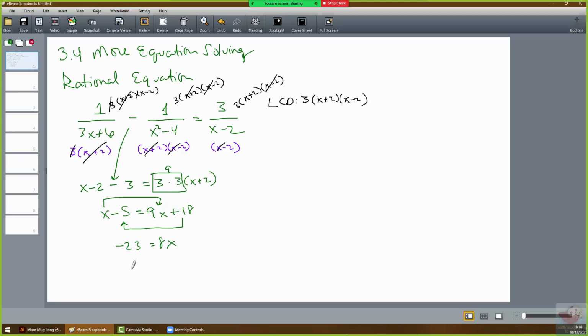And in this case, we'll divide by 8. To get the pretty answer, negative 23/8.